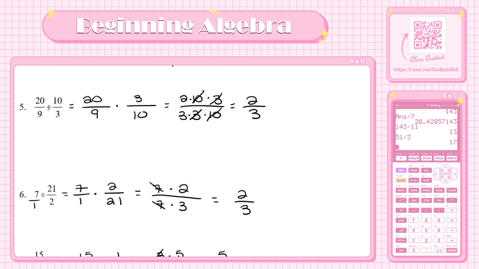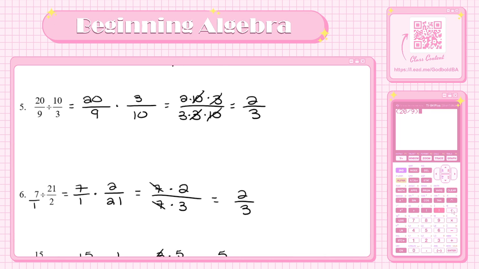So if I want to get 20 over 9 divided by 10 over 3, what you do is put each fraction in parentheses. So you do 20 divided by 9. That's the first fraction. Let me clear everything out. So I put the first fraction in, making sure I put it in parentheses.